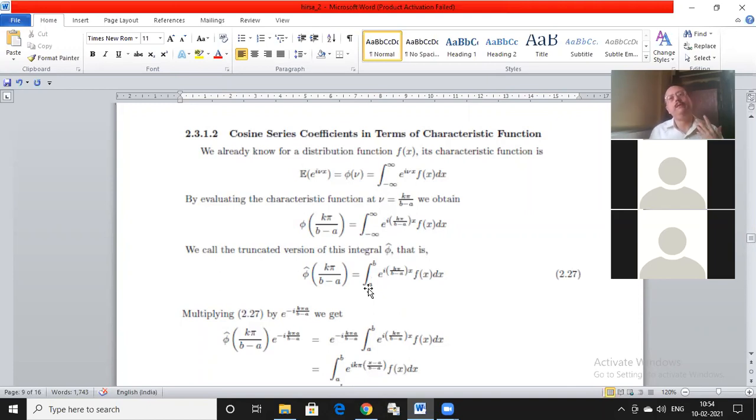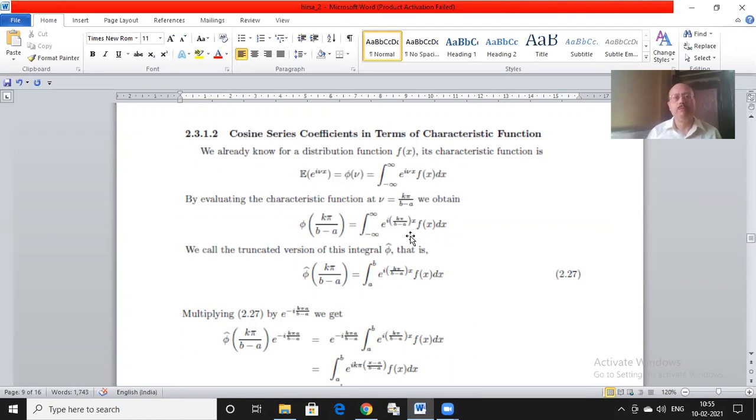We are going to take a to be a reasonably large negative number and b to be a reasonably large positive number, and hope that the remaining parts outside this range are reasonably small and can be ignored. That is not anything new, because that's what we have been doing many times in the past also. So approximate the whole real line by a finite interval with reasonably large bound. So this phi hat is what we are going to be working with finally, 2.27.